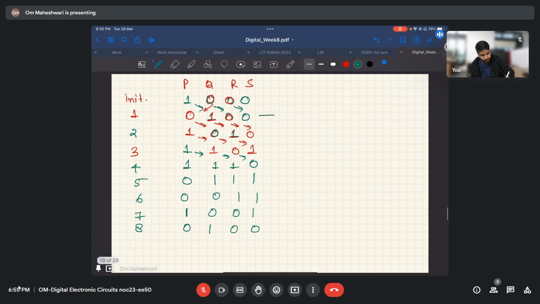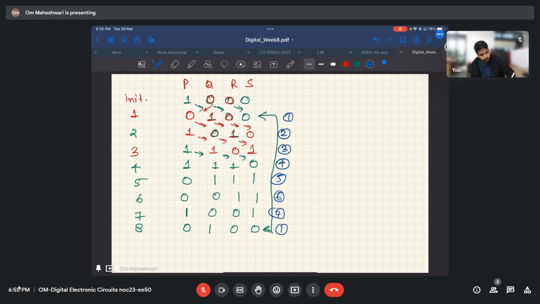Now you see this is repeating, right? So how many states has it gone through? See, it has repeated 1 2 3 4 5 6 7. Then we again get this first state back.